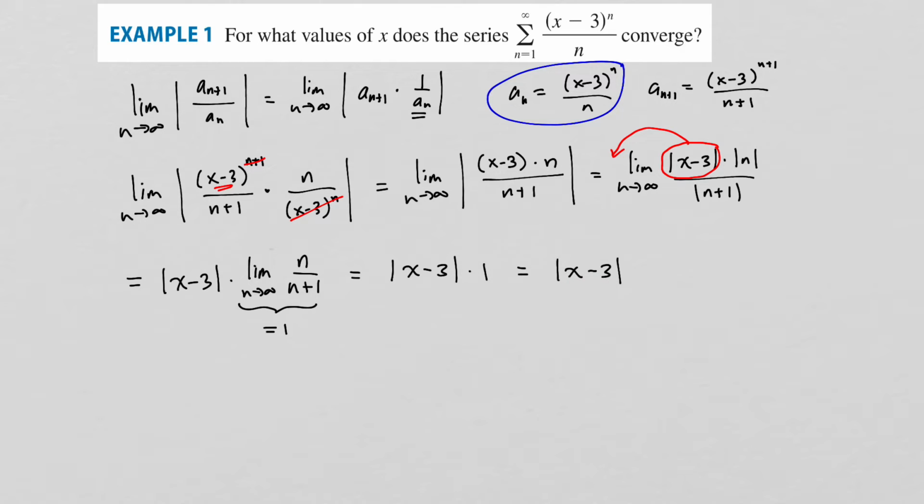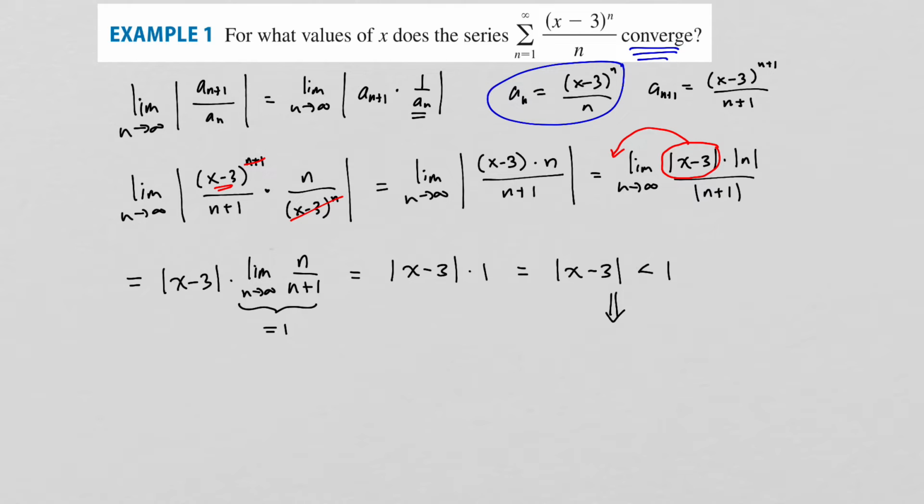So if we're looking for what values of x the series converges, we have to remember that the ratio test says it will only converge when the limit that you get is less than 1. So what does it mean when we say the absolute value of x minus 3 is less than 1?